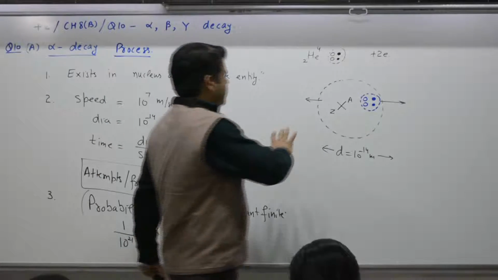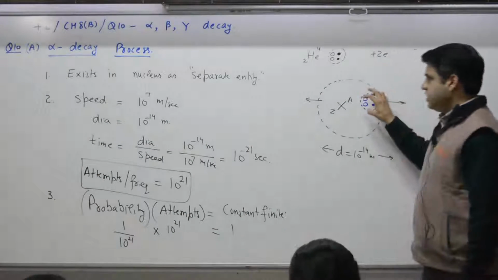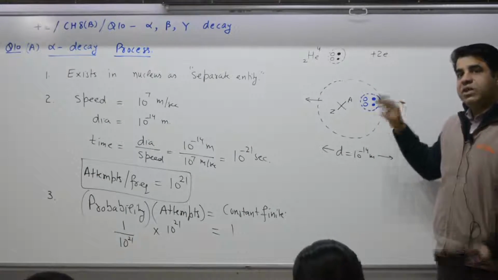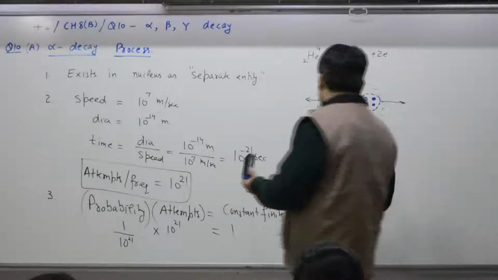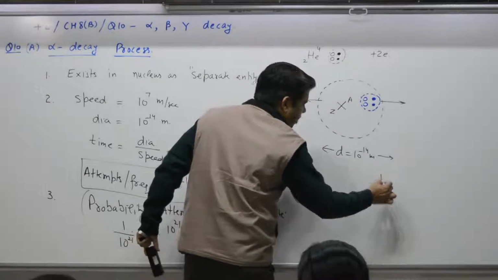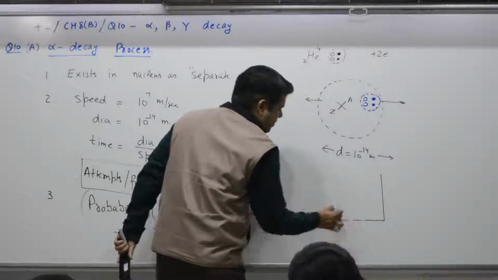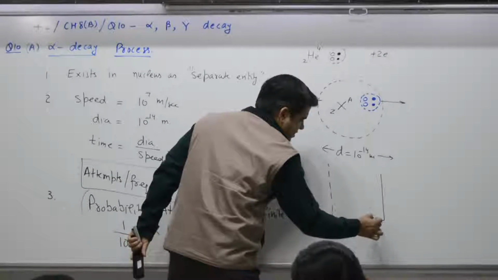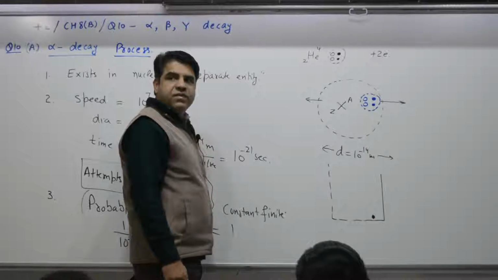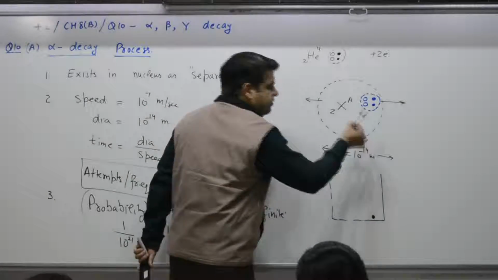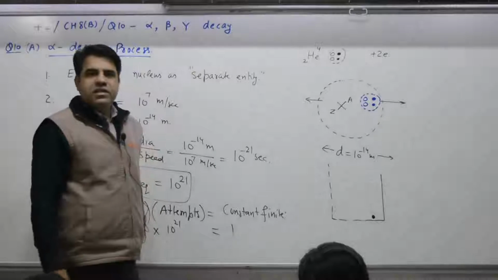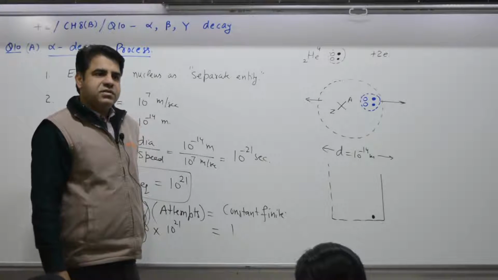So what was the arrangement? What was the energy? 5. How much is required to escape? 25. It is equivalent to a wall in a prison with a prisoner inside who can jump up to say 5 feet, but the wall is 25 feet. So theoretically, he cannot escape.